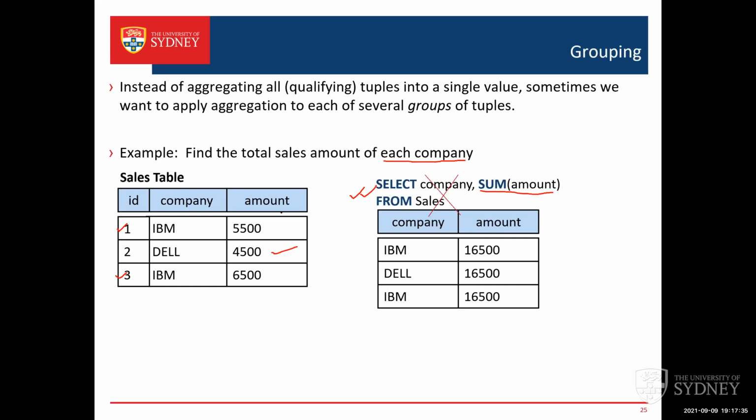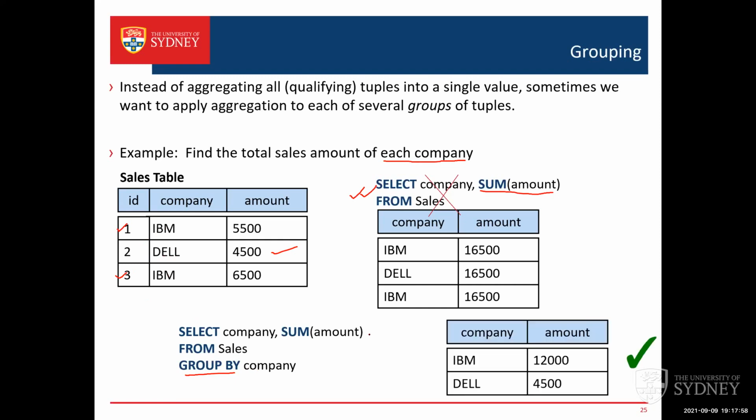Using group. Now you can see that we have to create a group first. So if we create a group using group by, that is the keyword, group by company, right? So group by simply means that create a group using the company in here. So company means IBM will be in one group, Dell will be in another group.